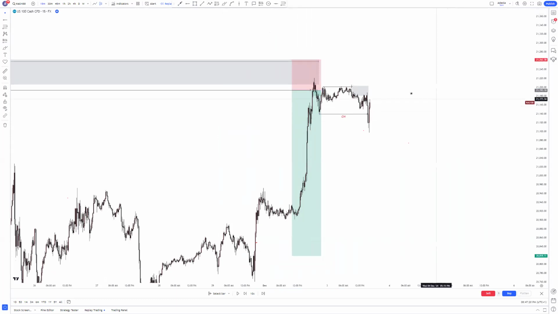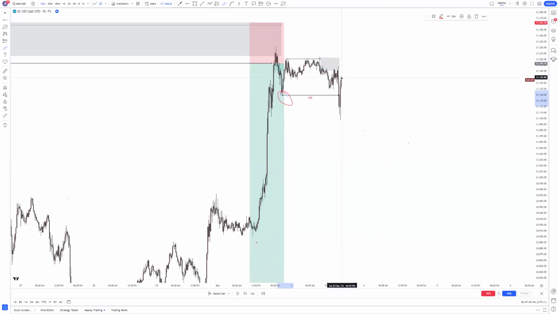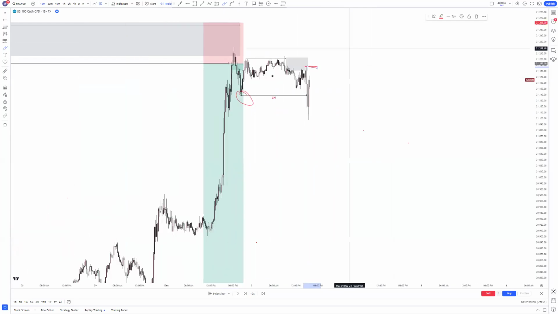Next time, if you want to take the sell from something here, wait for that order flow to switch. You need to understand that if price takes out one point of liquidity, we are going for another. And from this structure I'm seeing here, the next one will be this high, right? Look at this high here. Another one will be this high, and the last one will be this high.